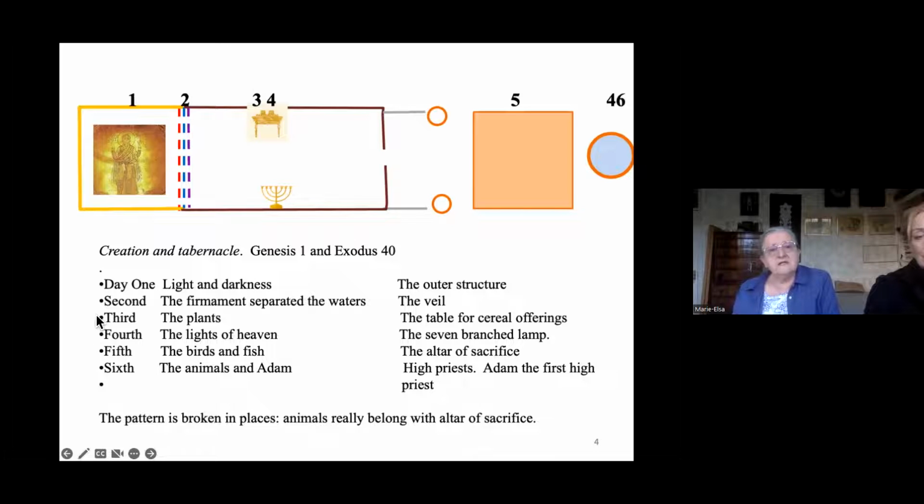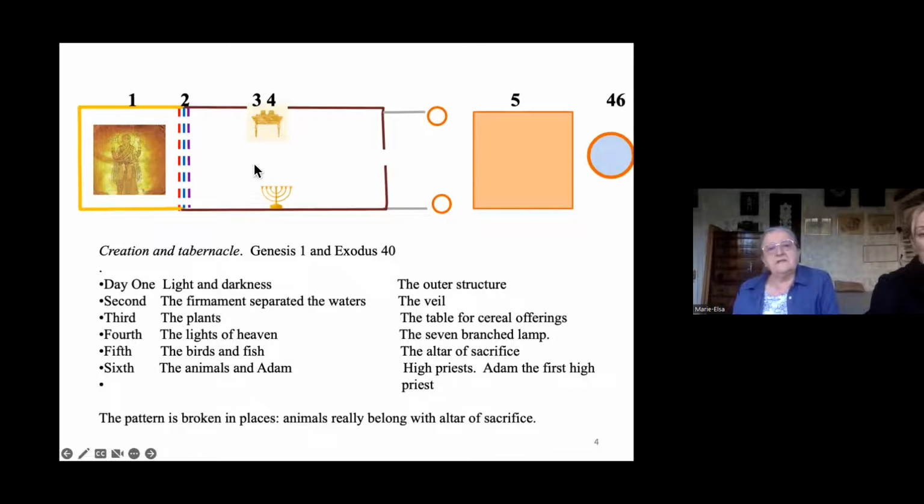The third day is the day of the plants and separating the land from the sea and so forth. That was represented by a table for plant offerings. And so they offered bread and wine and incense, and some accounts say salt, but that is disputed. And then the fourth is the lights of heaven, and that's represented by the seven-branched lamp.